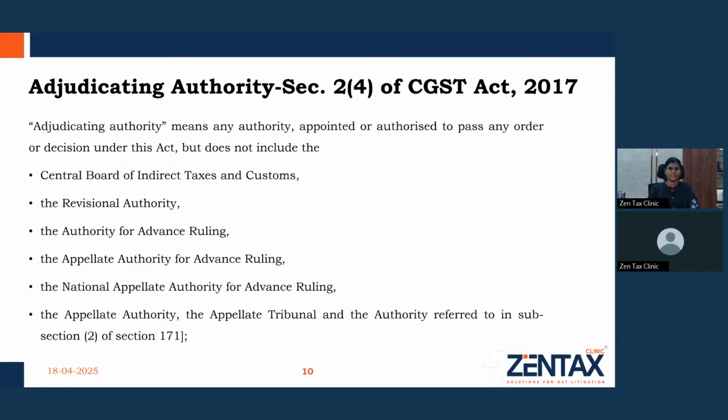As we saw in the earlier section, they have given that an appeal can be filed against the adjudicating authority's order. So who is this adjudicating authority?